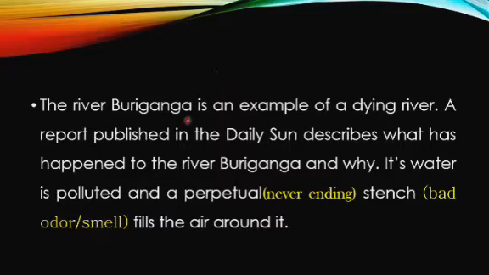So the information that has been shown here is based on the report that was published by the Daily Sun. Its water is polluted and a perpetual stench fills the air around it. That means the water of this river is so polluted that it stinks. A bad smell or bad odor continuously comes out of this water and fills the air around it.